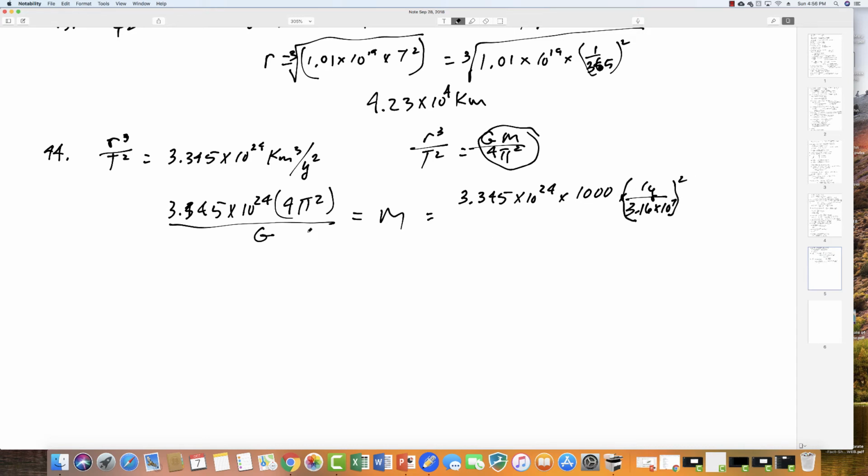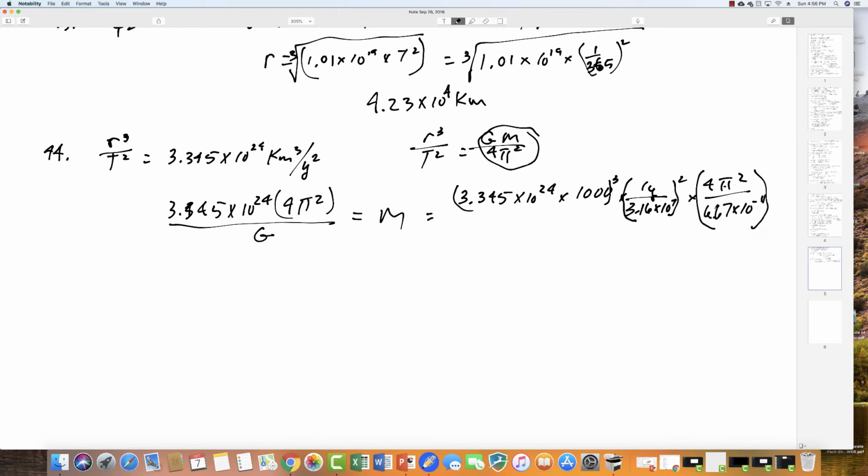That's the period, okay? And this part is going to be cubed, okay? And so if we take all of that and then multiply it by 4 pi squared over G, which is 6.67 times 10 to the minus 11.